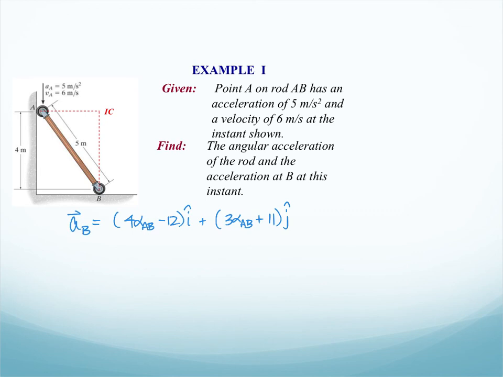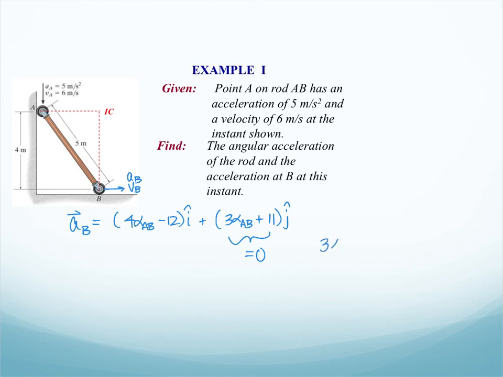Okay, so one of the things we do know is when B moves, it's going to move in this direction and it's going to accelerate in this direction. So the y component has to be equal to 0, and that becomes the way that we can figure out the angular acceleration of AB.